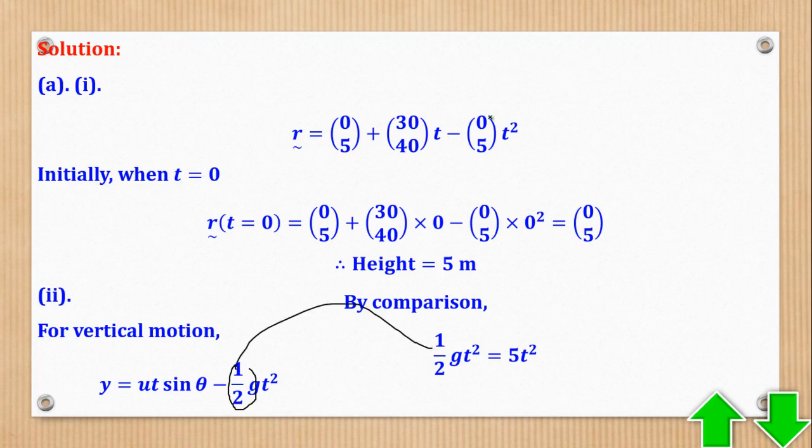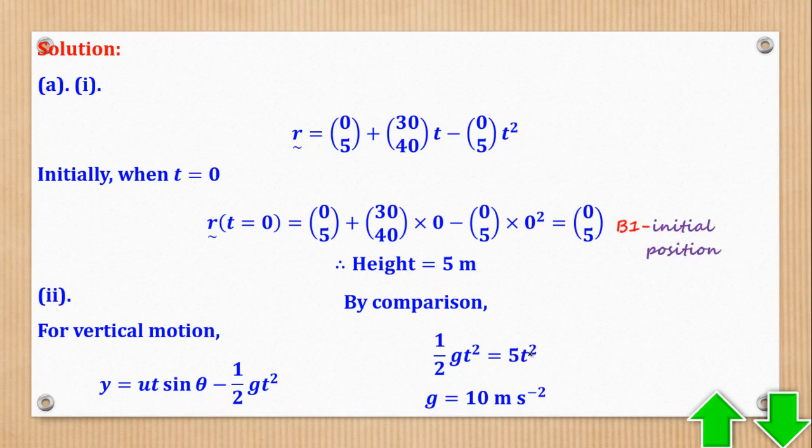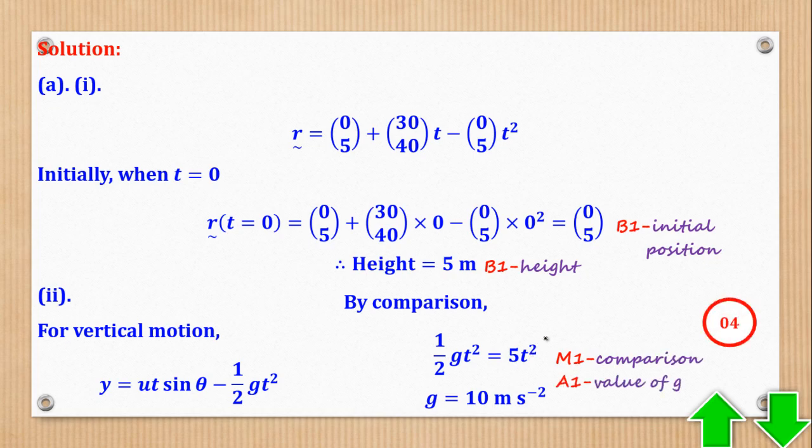And in this case, the coefficient of t squared is 0.5. But because this 0 is for horizontal and 5 is for the vertical, yet this is vertical motion, we shall deal with only 5. Then we make g the subject, and that will be the value for acceleration due to gravity in this case.